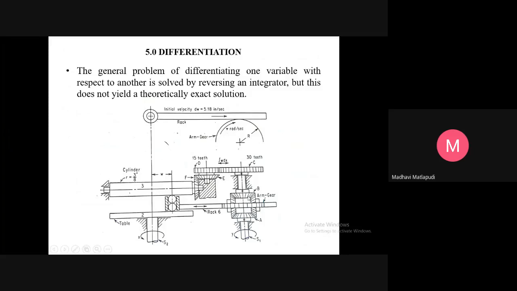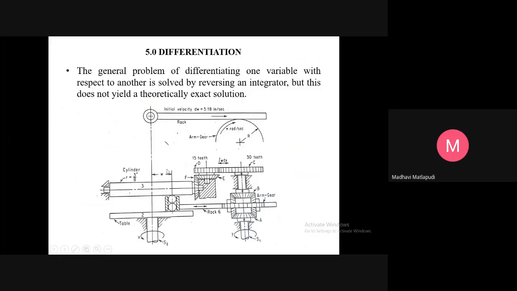Now let us understand the working of this particular kinematics. The required derivative here will be W. Here W is the displacement of the ball carriage from the central position of the shaft S2, radially outwards on disk 2.